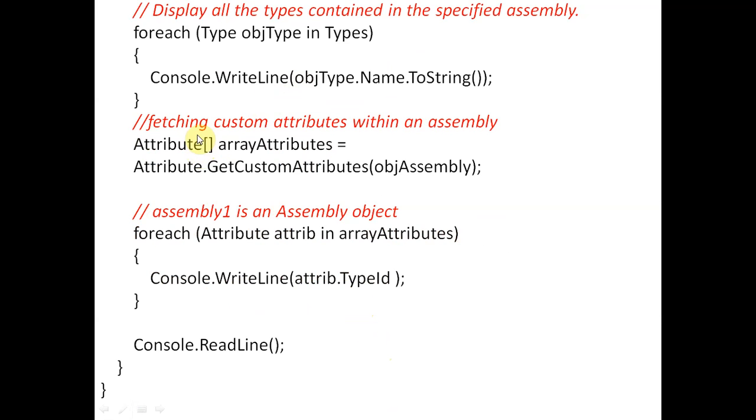Now we have fetching the custom attributes within an assembly. We are extracting the attributes of the assembly into an Attribute array. This is again an array, so all the attributes will be extracted into this array, with Attribute.GetCustomAttributes(objAssembly). From this assembly we are getting all the attributes.